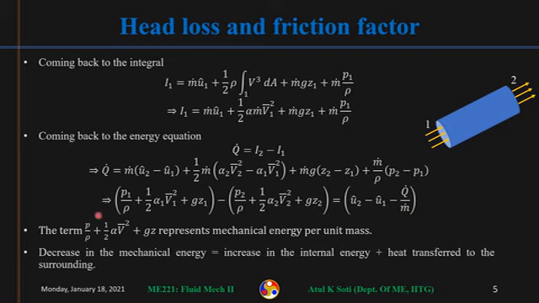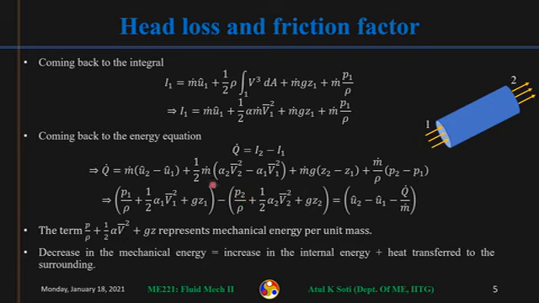Now look at these terms. They represent mechanical energy. This is kinetic energy, this is potential energy, and this is pressure energy. These three terms together represent the mechanical energy of the fluid per unit mass. If I write this equation in words, it will be the decrease in mechanical energy when going from section 1 to 2. The flow is like this, so as I go from point 1 to point 2, this is the energy at point 1 minus the energy at point 2, so this is the decrease in energy.